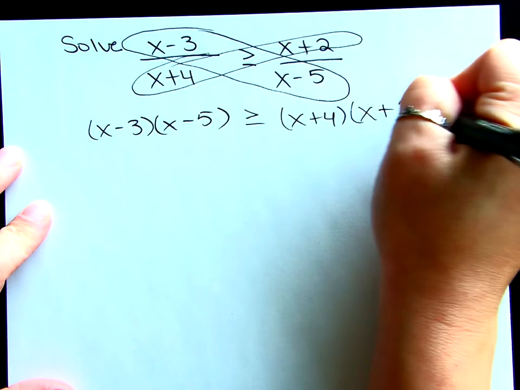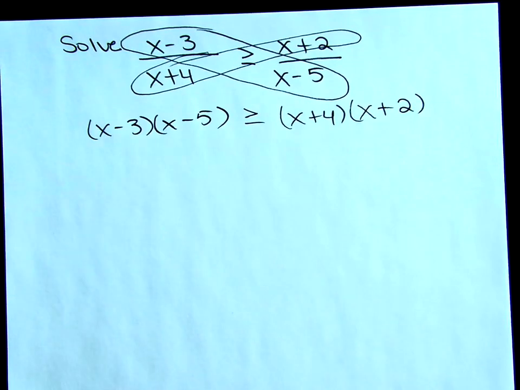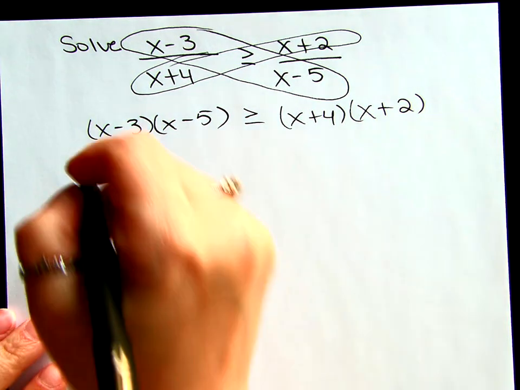But what this is actually going to allow us to do is we get rid of our rational expression entirely, and we're going to end up with a quadratic on either side of our inequality, because we have to FOIL both of these, first, outer, inner, last.